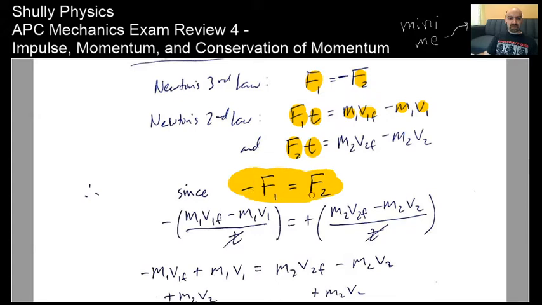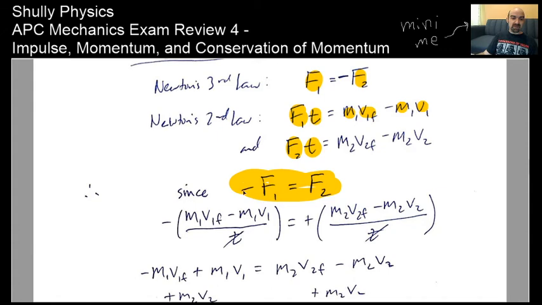Since F1 and F2 are equal but opposite, if we substitute F1 here and F2 there in terms of change of momentum and time, and divide time out on both sides, we end up with F1 from this expression equals m1 v1 final minus m1 v1 initial divided by time.